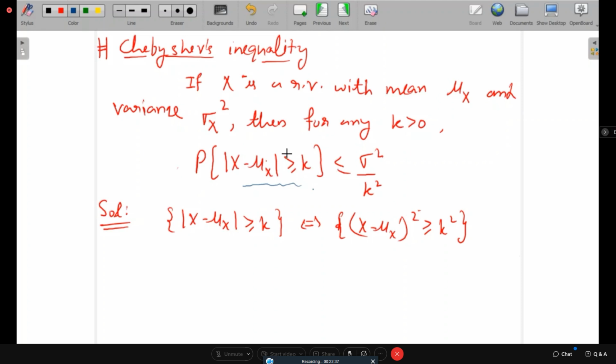Are you sure? It's greater than or equal to, not less than or equal to. So this distance is more than k, a positive number. Now the distance being more than this positive number k, this probability is bounded by this number. Can you now tell something about it?